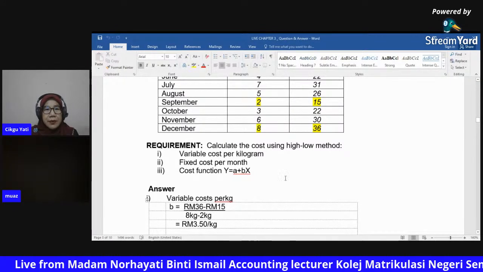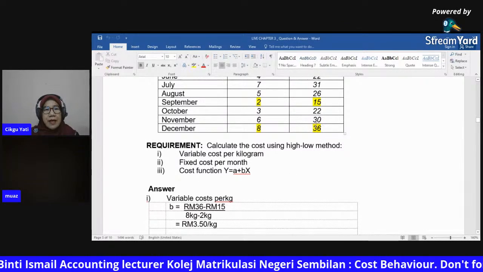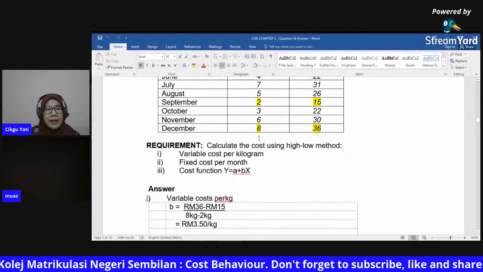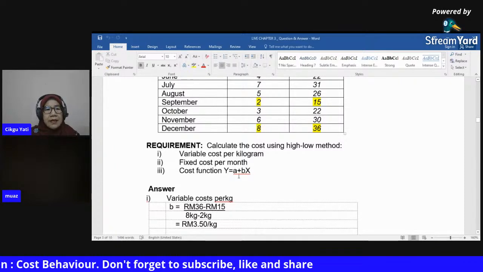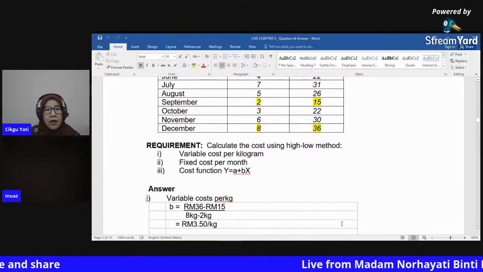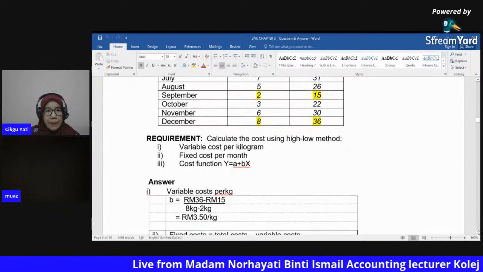So you substitute the amount in the formula 36. This one is the highest less the lowest one, then divided by 8 kg less or minus 2 kg, then you get variable cost per unit RM 3.50 per kg or 3 ringgit and 50 cent per kg.